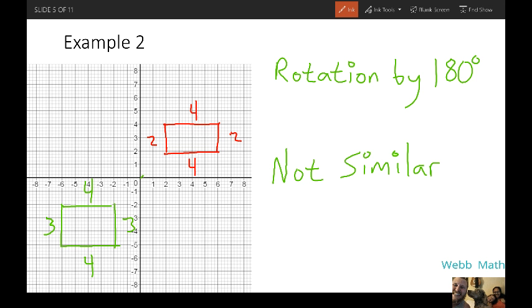It looks like a rotation by 180 degrees, but when you look at their dimensions, they're not going through a dilation because, I mean, why would the 4s still be the same, but the 2 and the 3 are different? Why are their widths the same, but their lengths are different? Dilation would change all the dimensions, okay? So obviously that didn't happen. Therefore, these guys are not similar, okay? So this is an example of not similar.